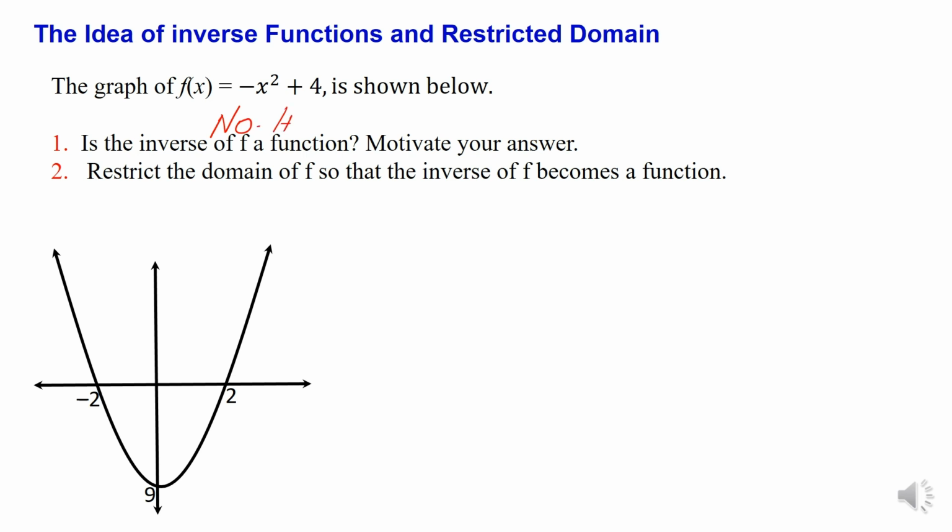So the simplest motivation we can give is that the graph fails the vertical line test. It is not a function because the graph fails the vertical line test. Then question number 2, restrict the domain of f so that the inverse of f becomes a function.